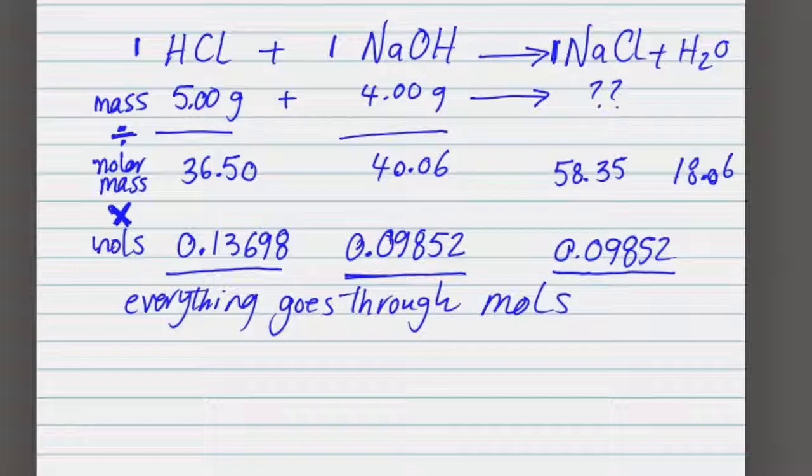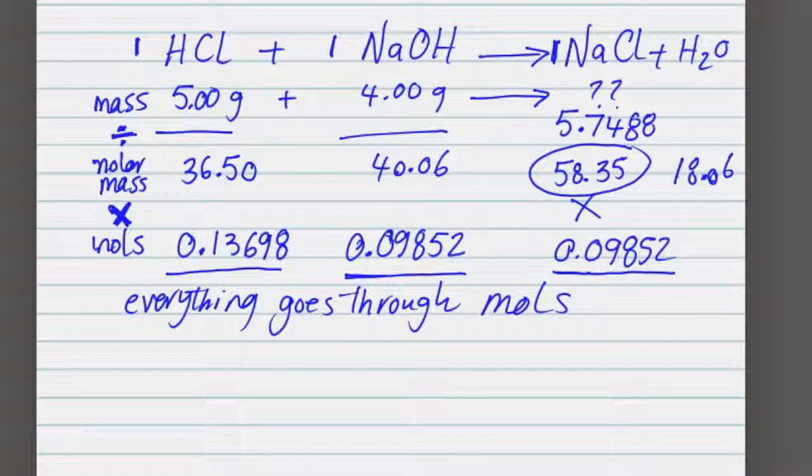So here we find out that if we multiply 0.09852, which is the number of moles of NaCl, by the molar mass of NaCl, which is 58.35, we get 5.748, if I want to keep going, grams of NaCl.